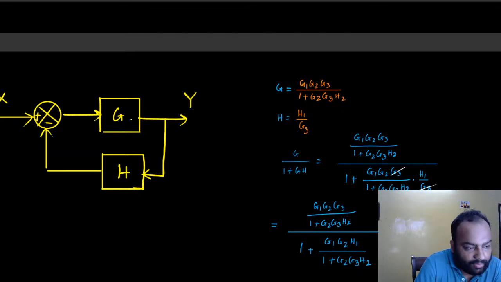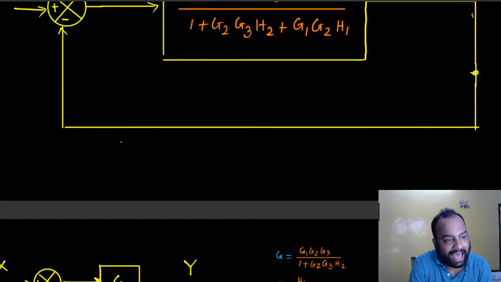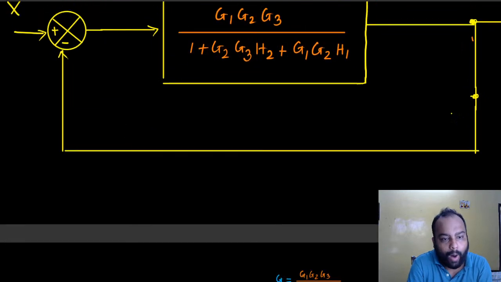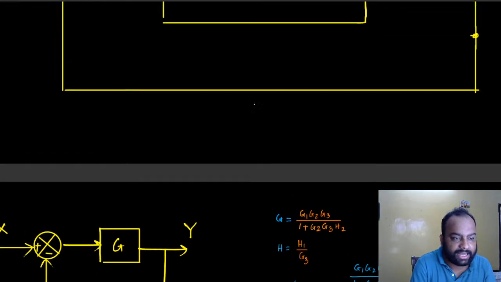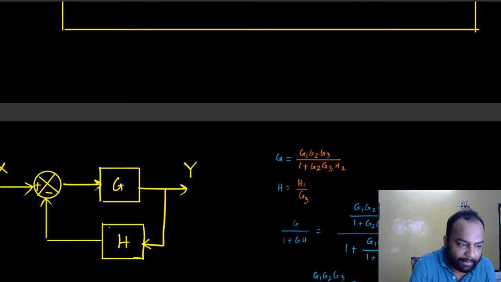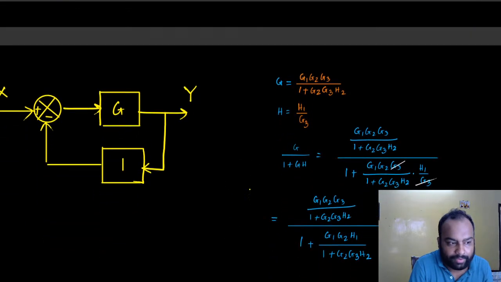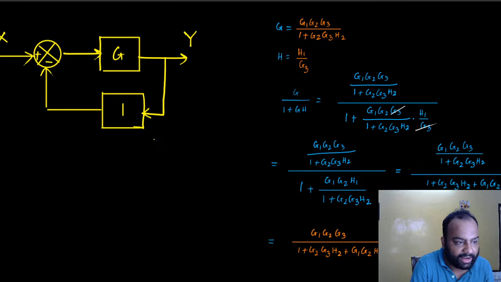So right now, under this scenario, y is being fed back to the input directly. This configuration where I just have a straight connection is nothing but H being equal to 1, right? That simple configuration is equivalent to this configuration.